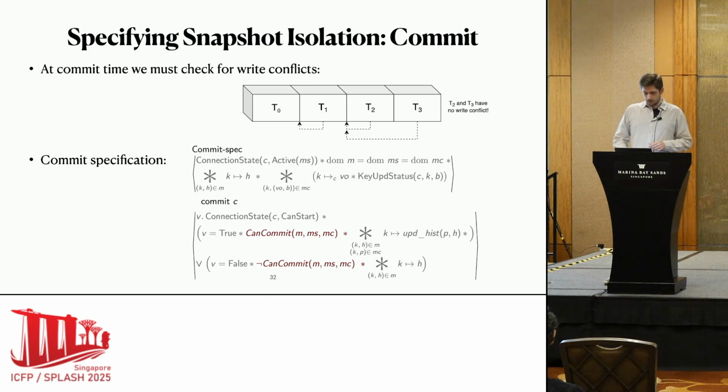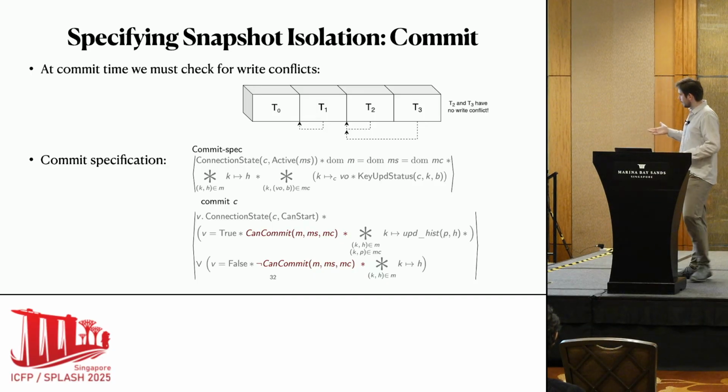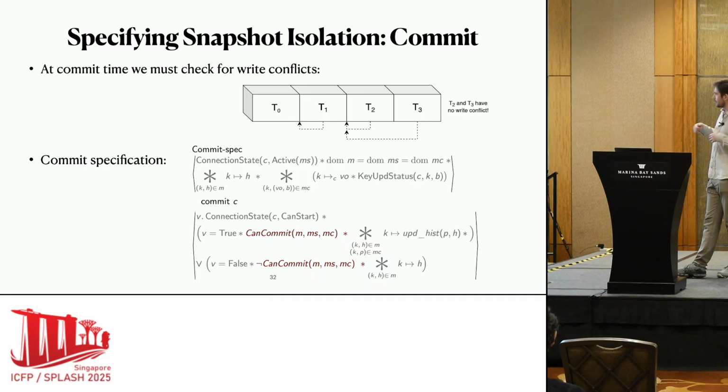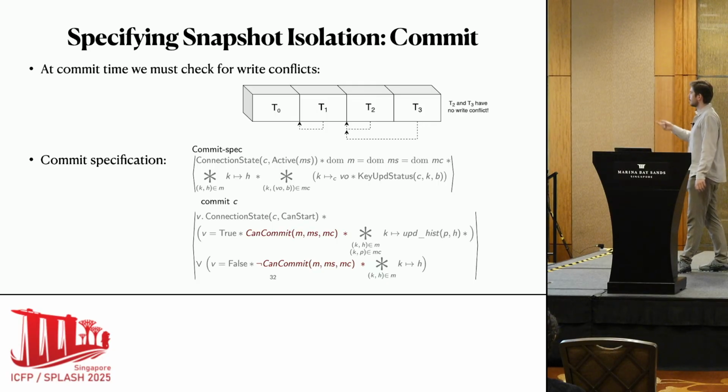If we look at the commit specification, and again recall that commit time is all about checking these write conflicts, I have just highlighted the part which is responsible for checking for these conflicts. The specification takes a bunch of resources, some of which I have mentioned, and then it uses the pure facts from these resources to express this can-commit predicate in red.